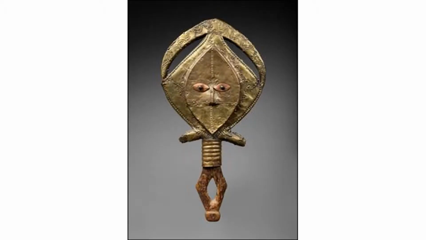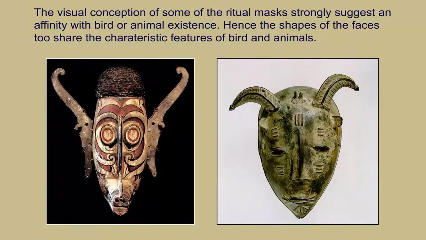Whatever it is, this belief system is very important, because that guides and shapes the visual perception of certain communities. Now the visual conception of some of these ritual masks strongly suggests an affinity with bird or animal, and hence the shapes of these faces too share the characteristic features of birds and animals.